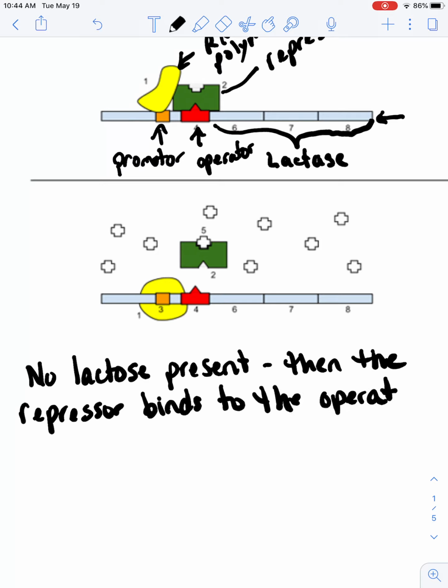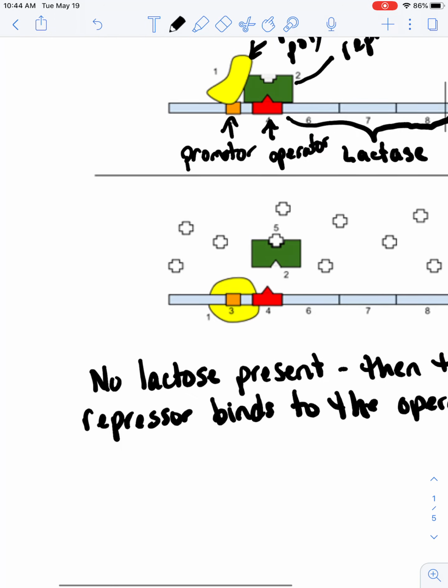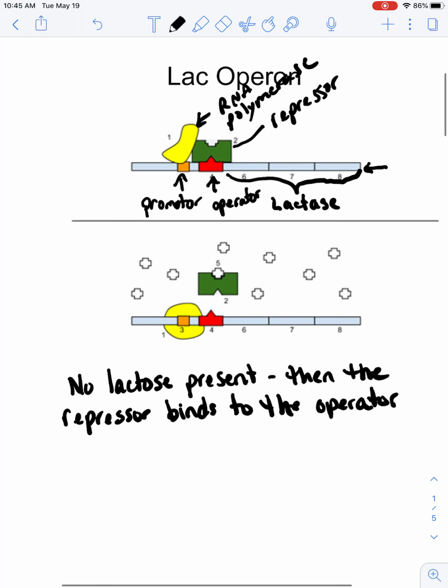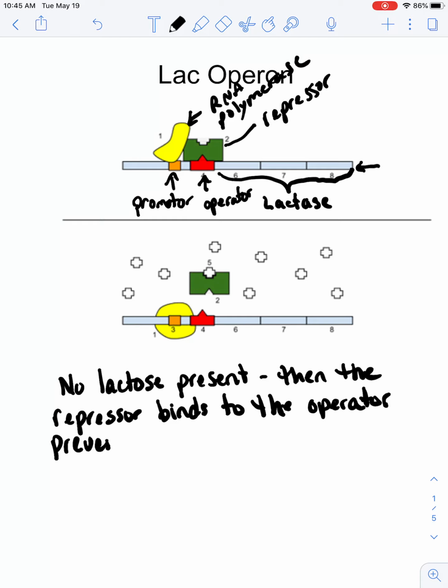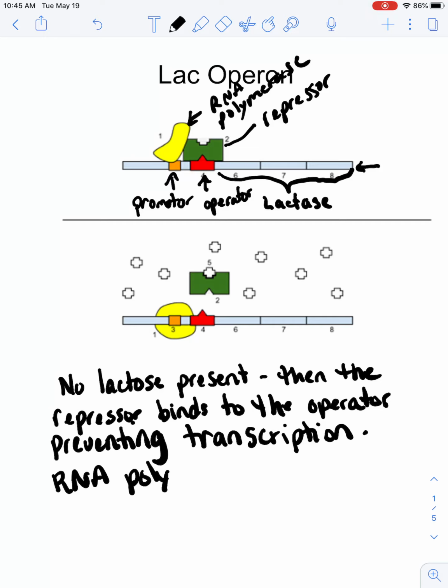So you can see there's a lot of language here that you have to just get your head around. So the repressor binds to the operator, preventing transcription. So literally RNA polymerase is blocked. Can't get through there. Just cannot transcribe at this point.